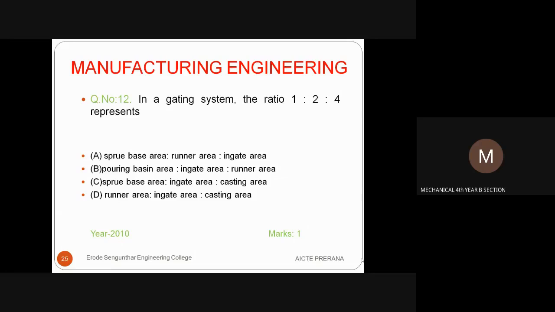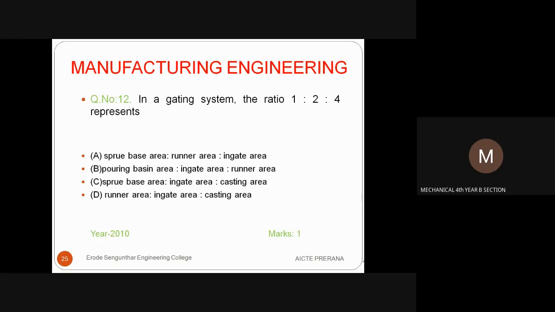Right. So in order to answer this question, you must know what is sprue, what is runner, and what is in-gate. Sprue is the funnel-like structure through which we pour the molten metal.